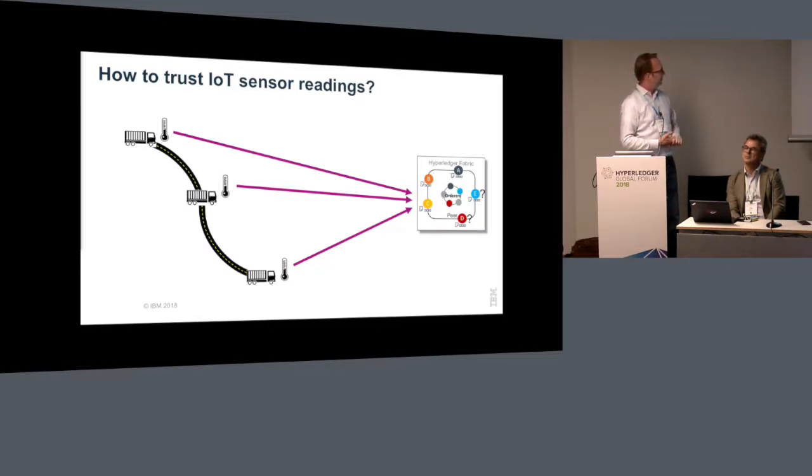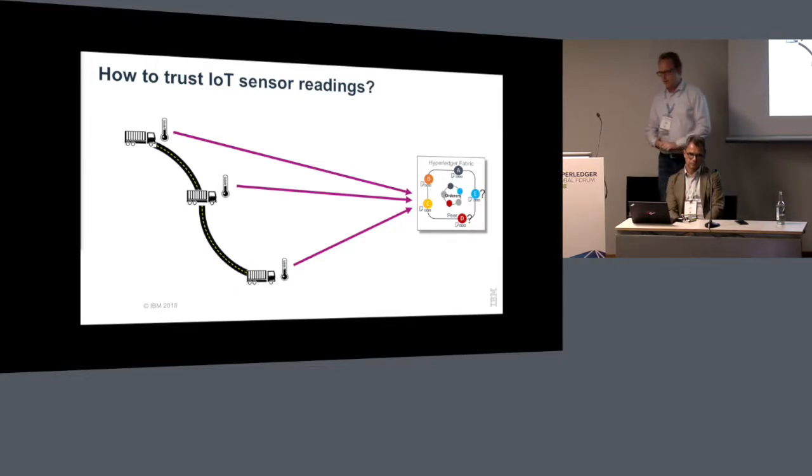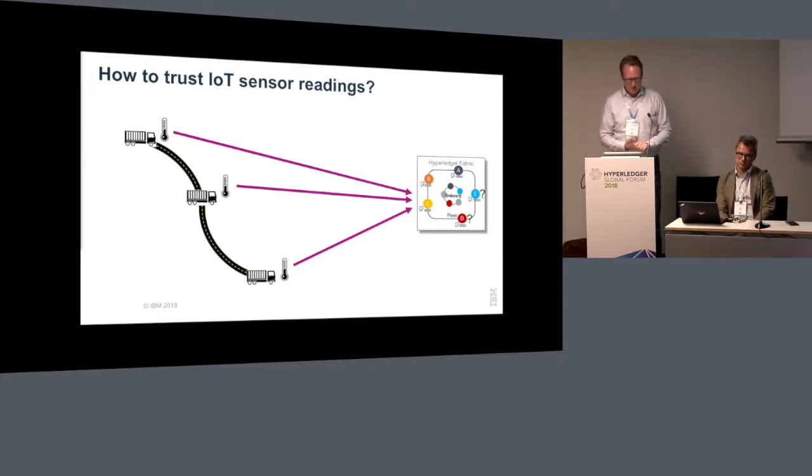And the container that sits on a truck here is equipped with an IoT-enabled temperature sensor. And so these are not 3 trucks. Let's say this is 1 truck that goes from here to here to here. And over the course of the time, the external temperature changes, so we want reliable temperature readings.